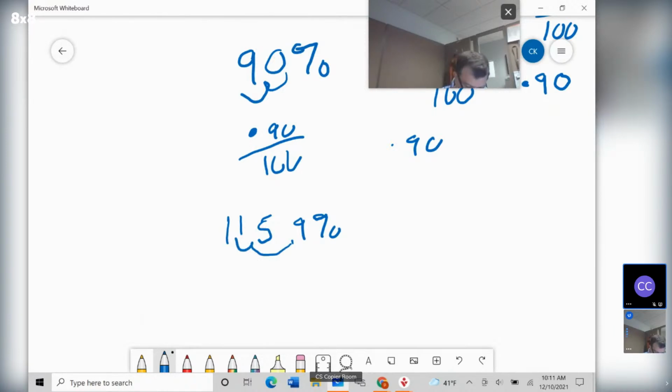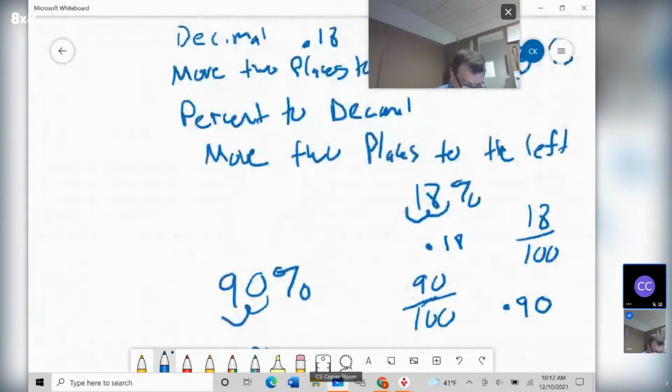And basically, we're going to move it to right there then. And that's going to be 1.159.